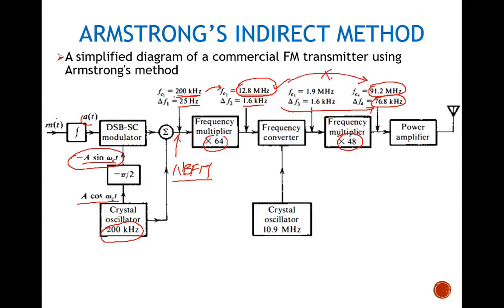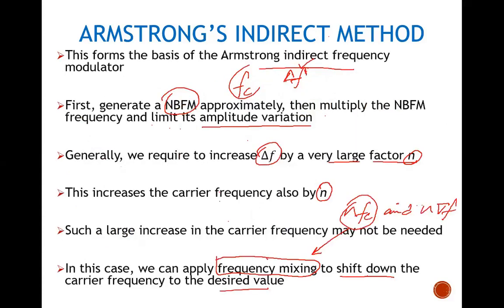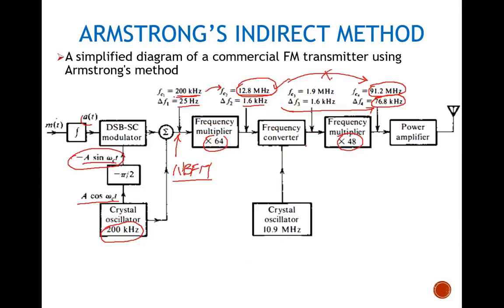So at this point, as we mentioned, we use a frequency mixer to reduce the frequency of the carrier. The local oscillator used is 10.9 megahertz. When we multiply them at the frequency mixer, we can translate the frequency of the input to this point. Remember, a frequency mixer does not affect the deviation of the input, so that remains the same.